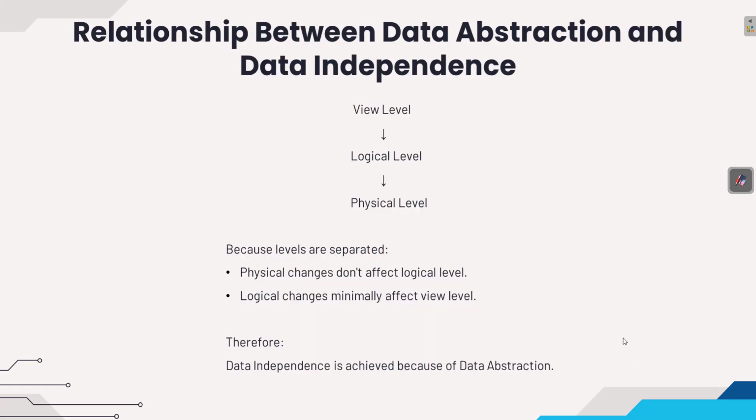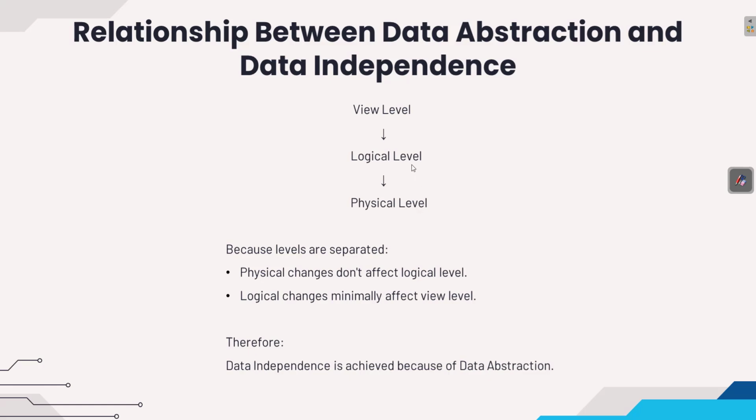Okay, the relationship between data abstraction and data independence. As you see, there are three levels: view level, logical level, and physical level, as we discussed in the previous video. Because each level is separated, physical level changes don't impact the logical level.